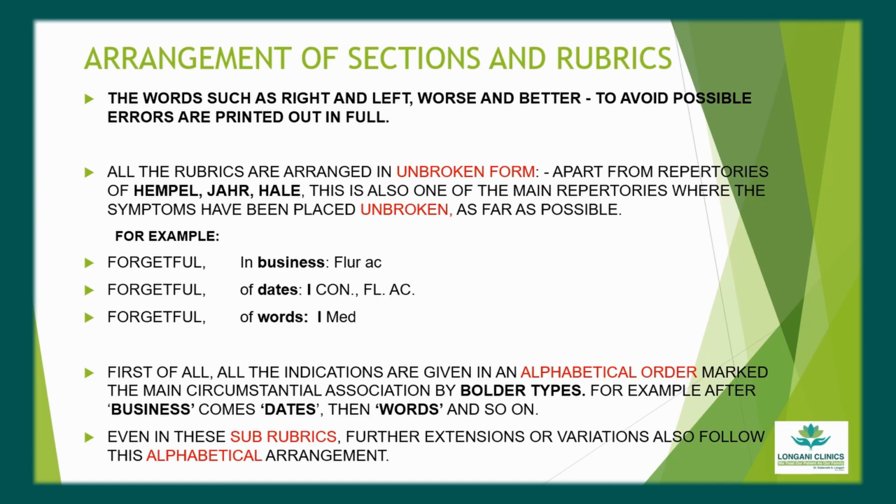First of all, the indications are given in an alphabetical order. Mark the main circumstantial association by bolder types. For example, after business comes dates, then words, and so on. Even in these sub-rubrics, further extensions also follow this alphabetical arrangement.